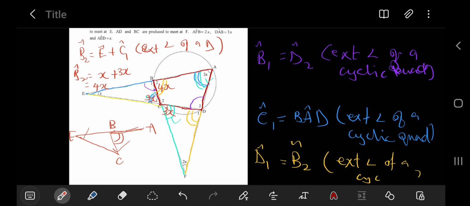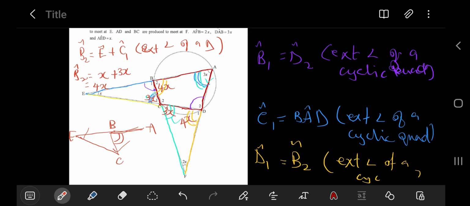And also remember, you have also concluded that if B2 is 4x, also D1 is 4x, right? Looking at the colors right, down there. So we have 4x even down there. Okay? So that was from a line which is produced on that triangle.